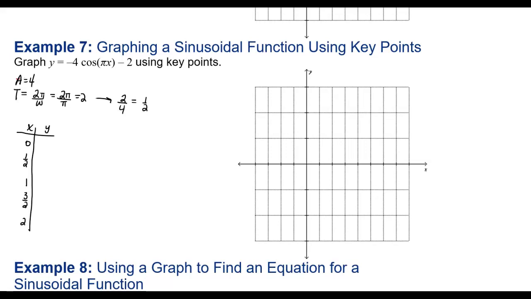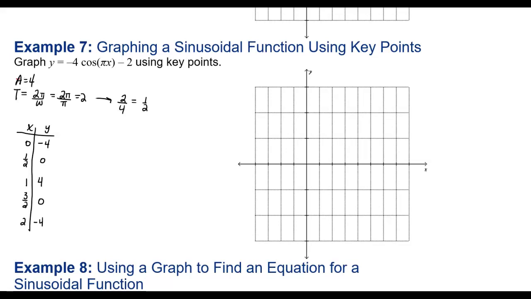However, we have a negative 4 as an amplitude. So we're actually starting at 0, negative 4. All right. And then 1/2 would go to the 0. 1 would go to the positive 4. 3/2 would go to the 0. And 2 would go to the negative 4.